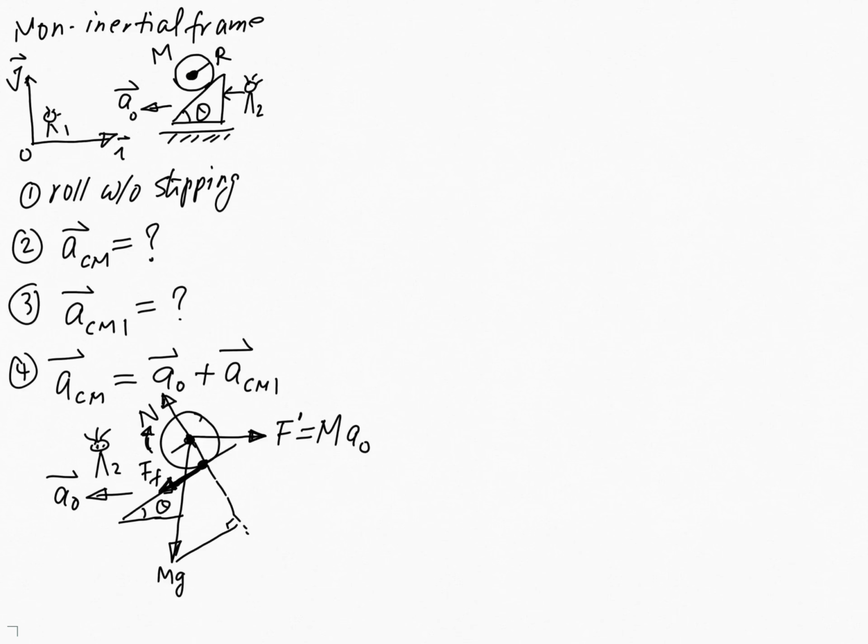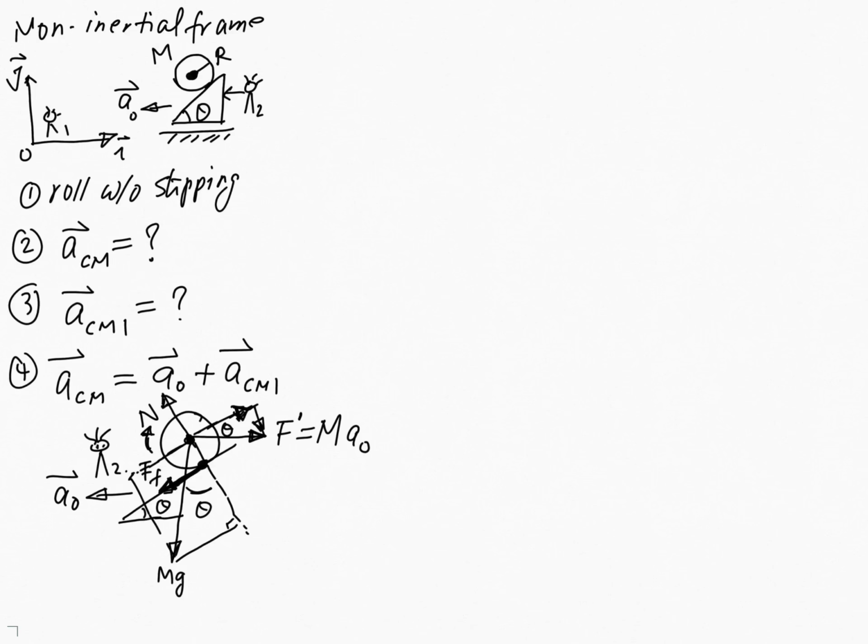Another is parallel to the surface. And you know this angle is theta. Also for the other force here, the equivalent force, we have one component in this direction, another in this direction. Again, you can prove this is also theta.